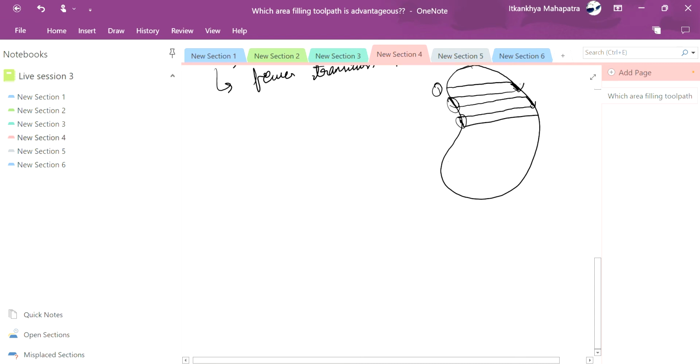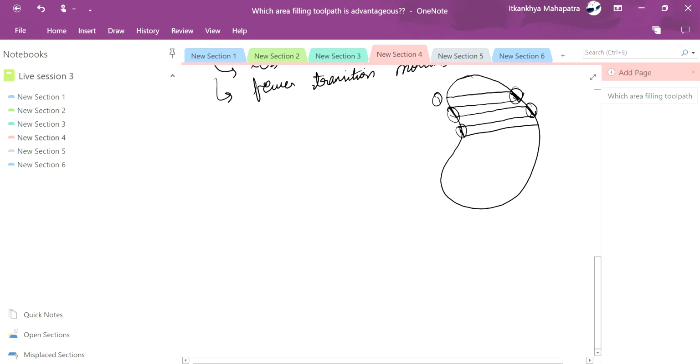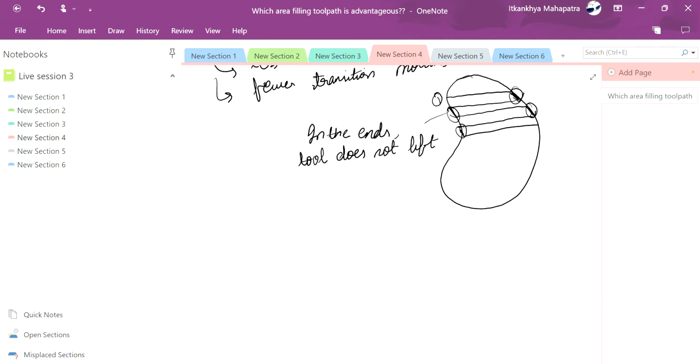So here, in the end, the tool doesn't lift, unlike the raster tool path.